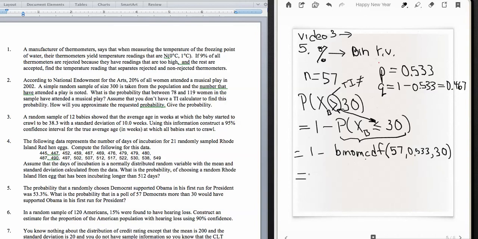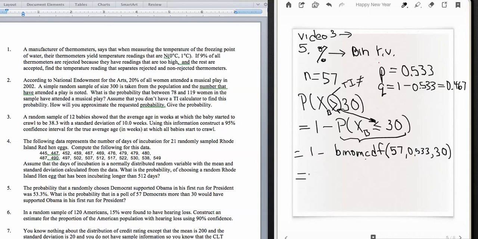So 1 and then minus, and then binomial CDF is near the bottom of my second function variable, and I put in 57 for the n, and for the probability of a success, 0.533, and for the number of successes, my x is 30, and then I enter.